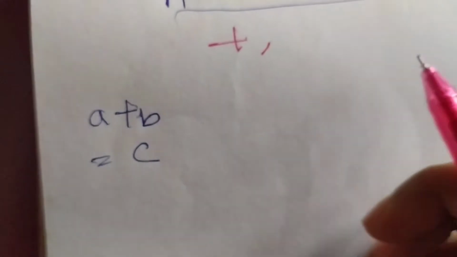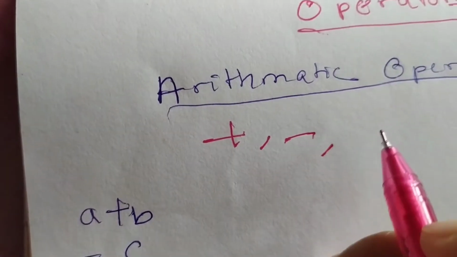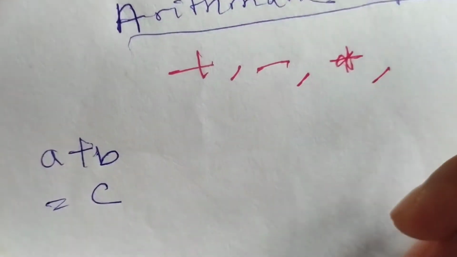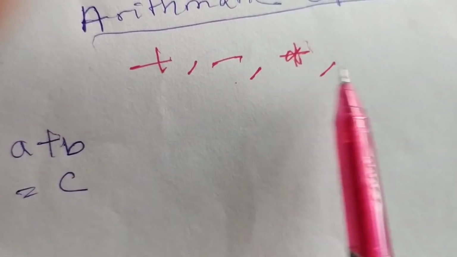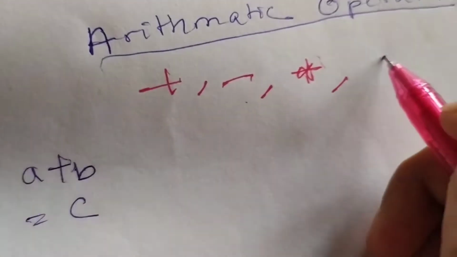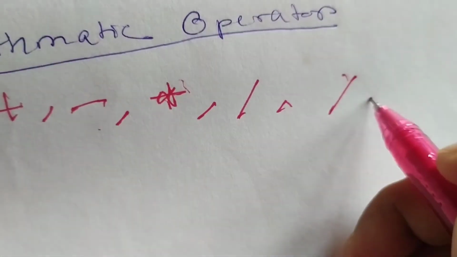The same way, the second operator is the subtraction operator or the difference operator. The third operator is the multiplication operator. Similarly, if we want to multiply two values, then we will be using this operator between those two values. And the fourth operator is the division operator, and the last one is the modulus operator.